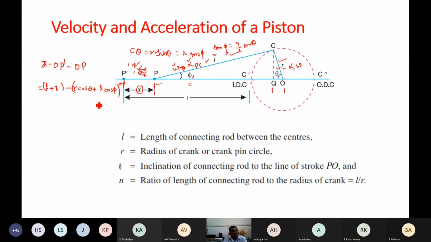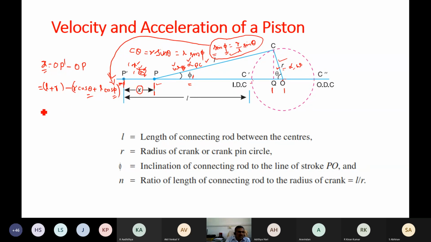Okay. So now we found the value of x, but it is in terms of phi. So this must be replaced with theta. How? Already we have a relation between phi and theta. You substitute this here and replace phi with theta, and manipulate.